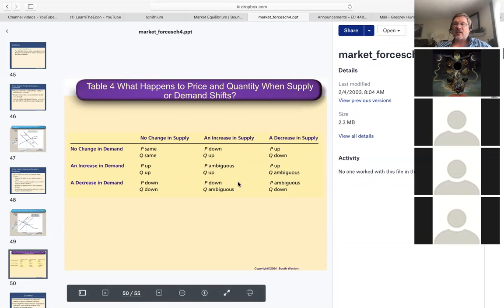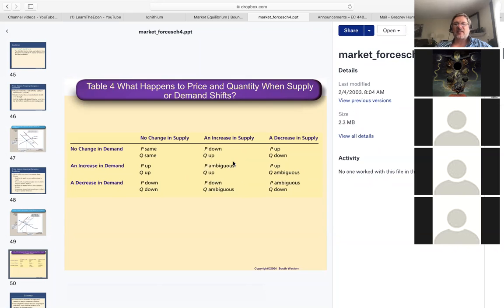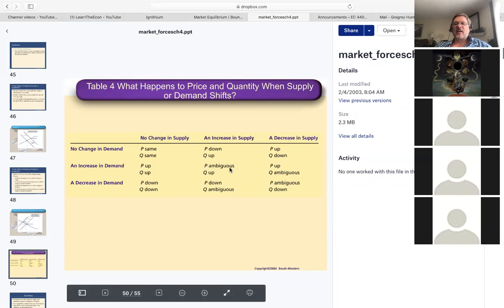So you have to be careful, and sometimes, and I don't think there are many cases in this class, you'll see questions where there's an increase in one variable and a decrease in the other. So you have an increase in supply and a decrease in demand.